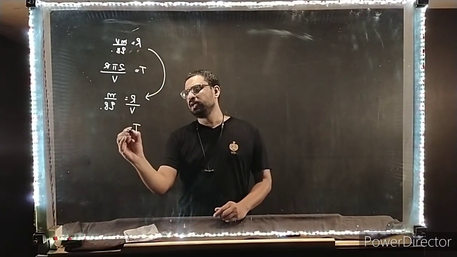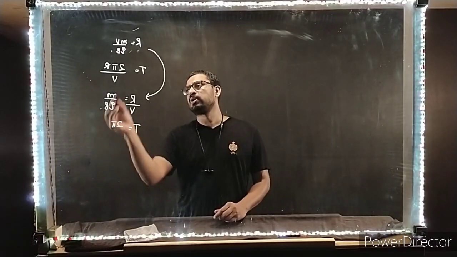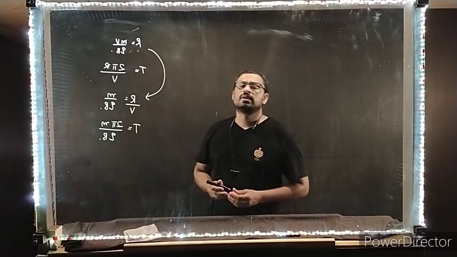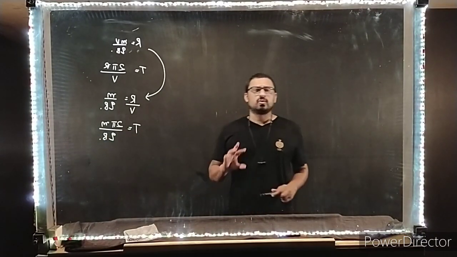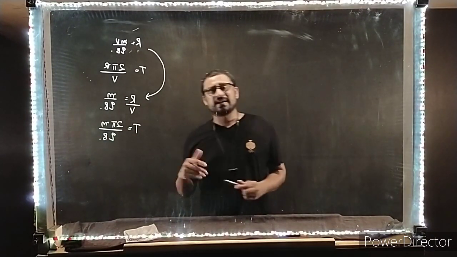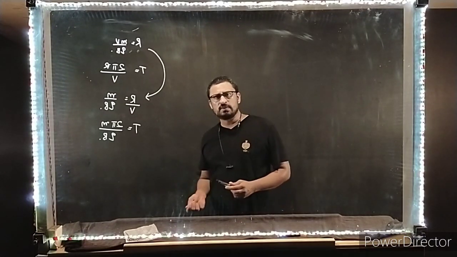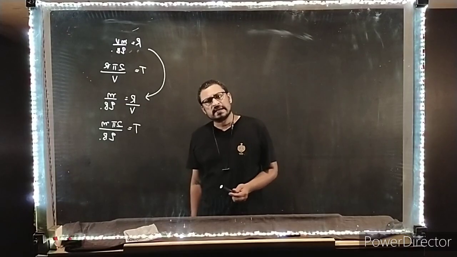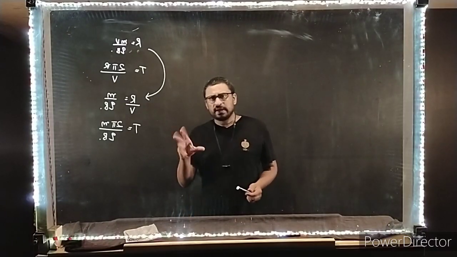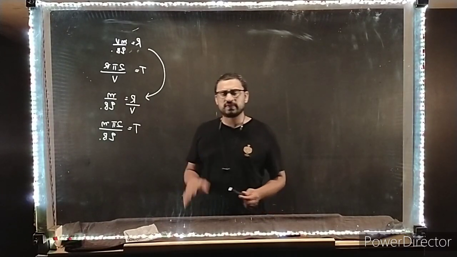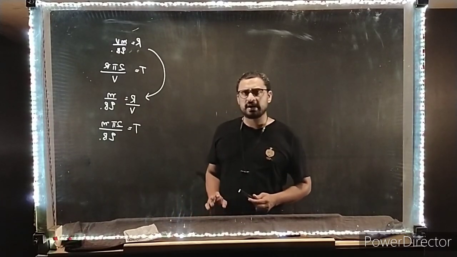So time period will be equal to 2 pi, instead of r by v I can say m by qB. So in a magnetic field, when a charged particle is entering perpendicular to the magnetic field, it will be following a circular track, and the time period for that circular track is 2 pi m by qB.